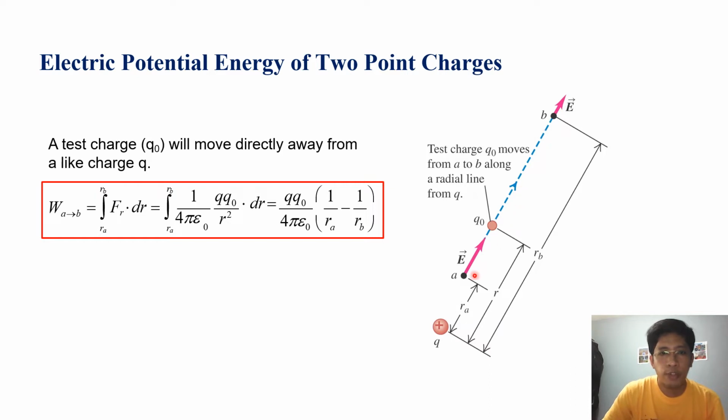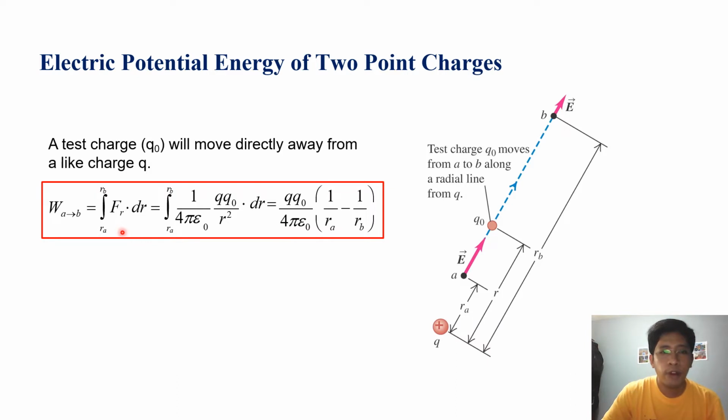And if you want to find the work done on this test charge Q naught as it moves from A to B, the work done from A to B is just equal to the integral of F_r dr, looking at your dr as an infinitesimal displacement.